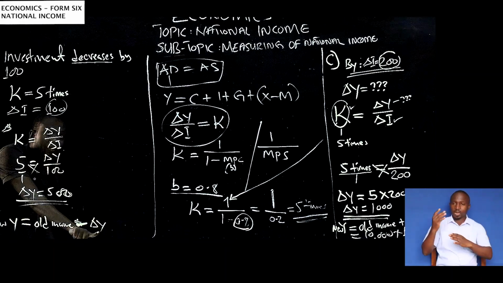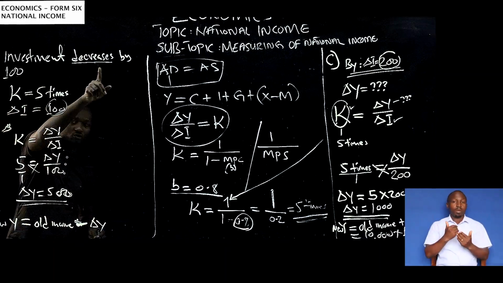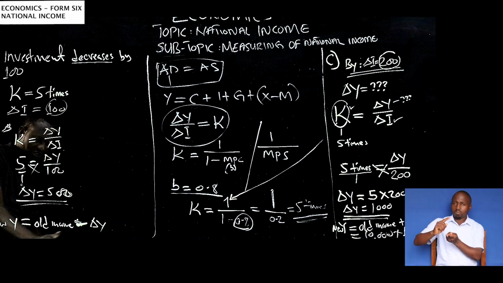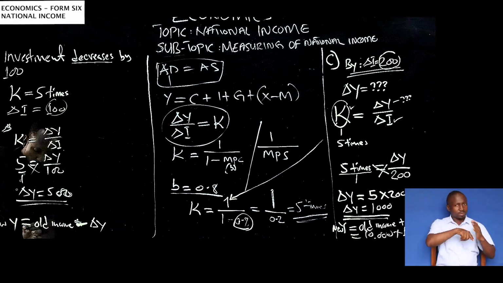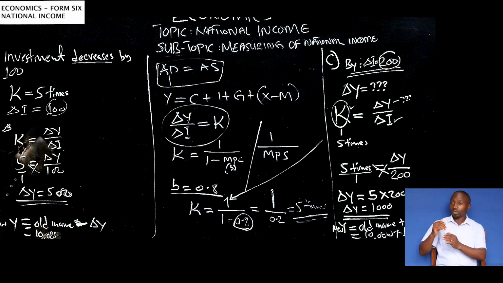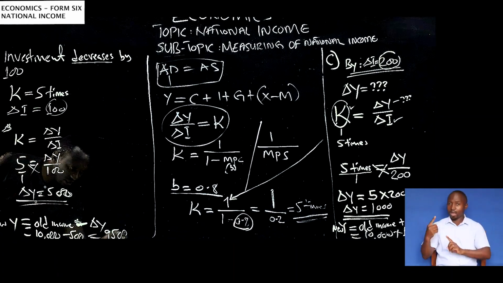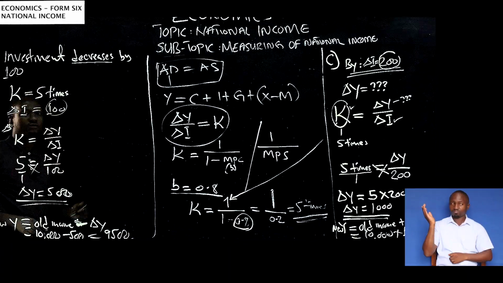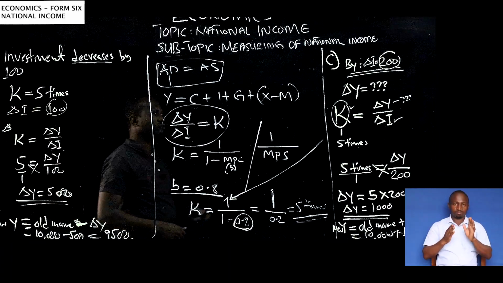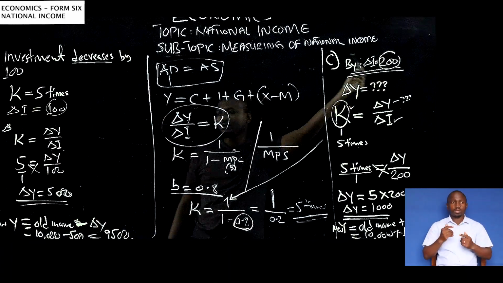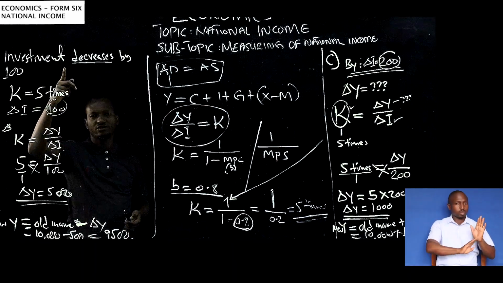Why do we minus? Because investment has decreased. So a decrease in investment also leads to a decrease in income. So we take 10,000 minus 500. We get this amount. This is the difference between when investment is increasing and when investment is decreasing.